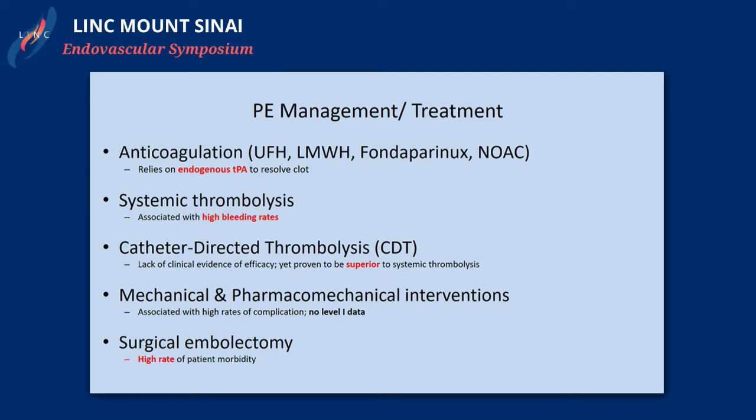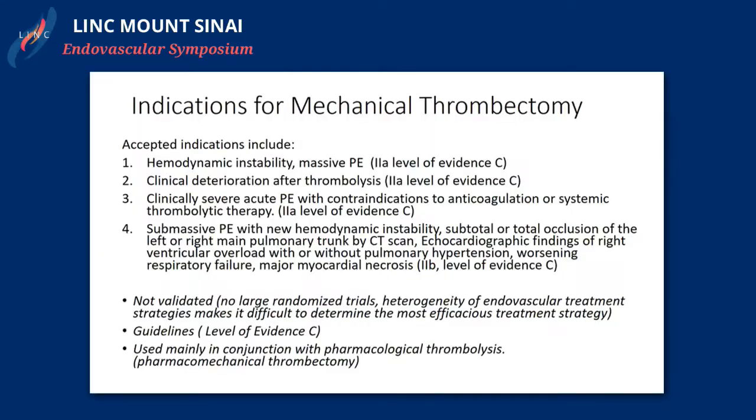Catheter-directed thrombolysis still lacks support, as it has not quite been proven to be superior to systemic thrombolysis. Mechanical, which I'm going to talk about, has really no level of supportive data. And then surgical embolectomy, which I believe Dr. Stewart will talk about later in this session.